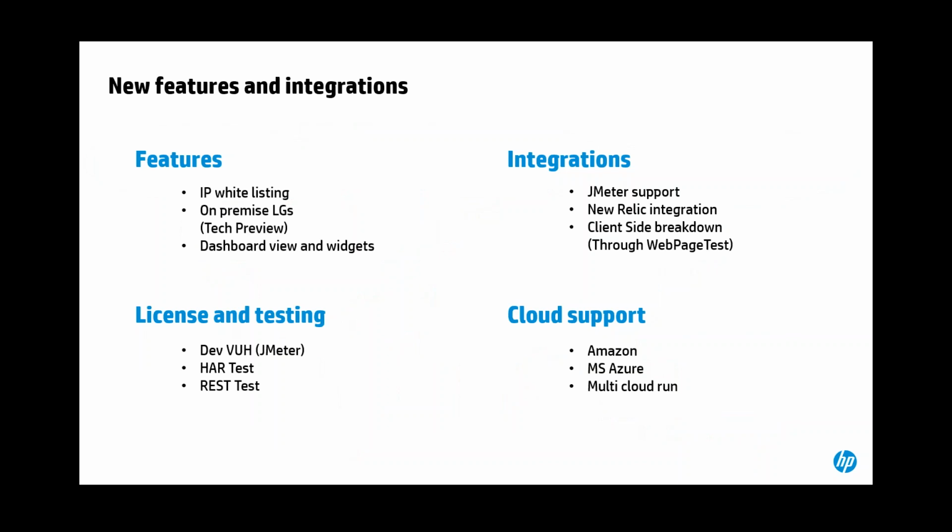So for testing external facing apps, some companies allow testing it from any IP, they open up the test application to any IP, but some companies need IP whitelisting. So some of the new features are IP whitelisting.